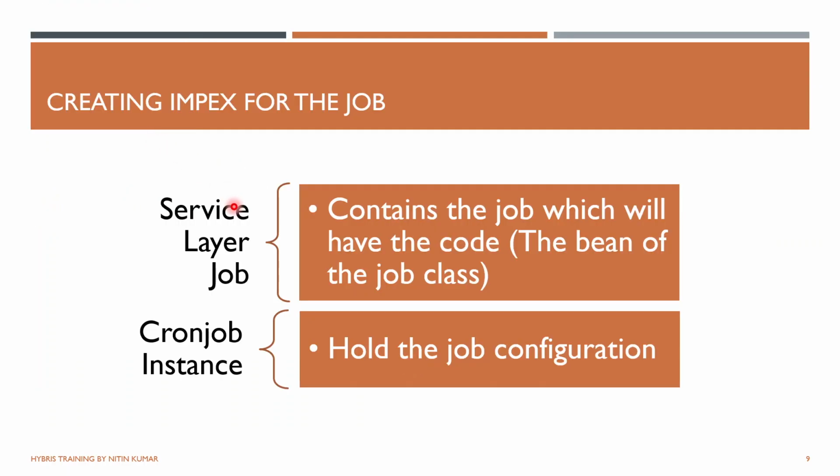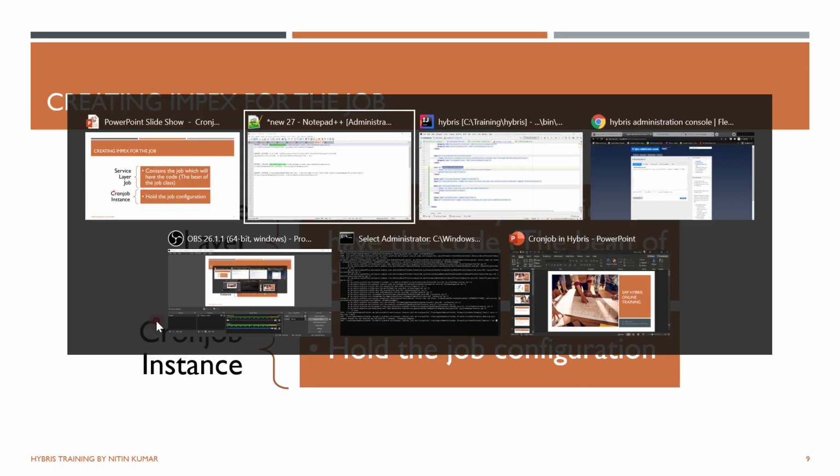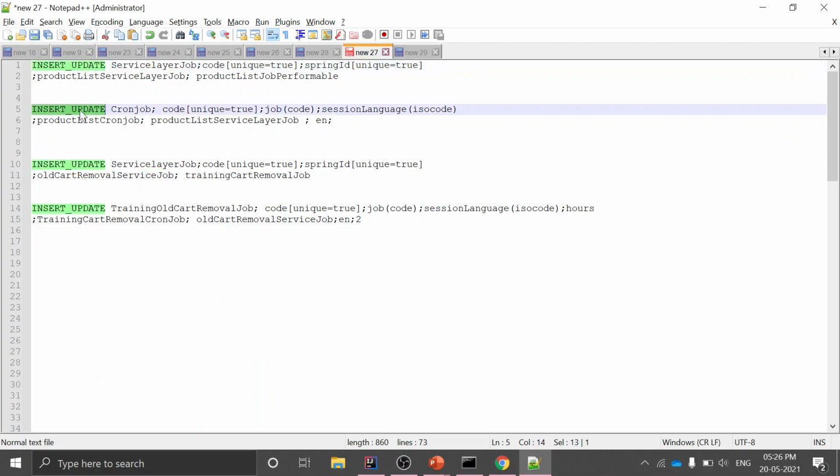After that, the next point is the cron job instance. For the cron job instance, you need to do insert update cron job, give the cron job code, the job which you need to run, and the session language. For example, in some places they require the currency also if it is mandatory. For now it is not. So insert update cron job, the code will be product list cron job.